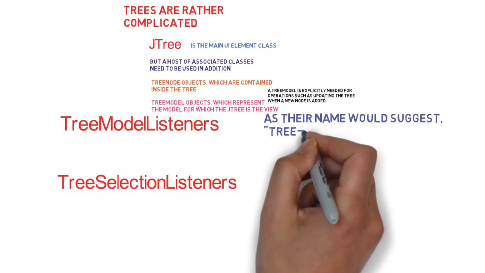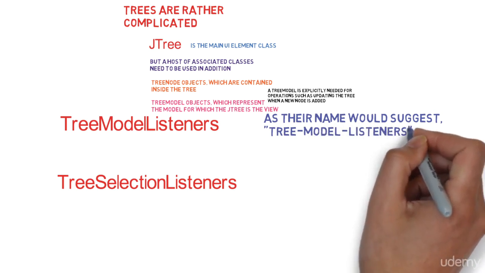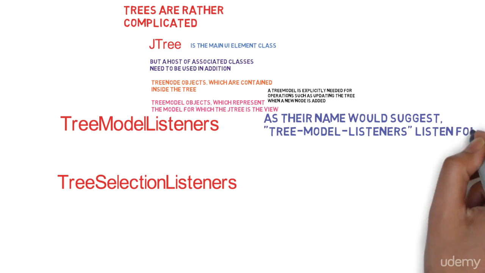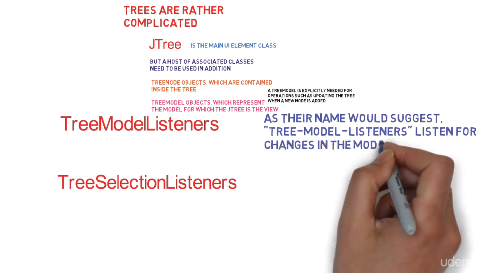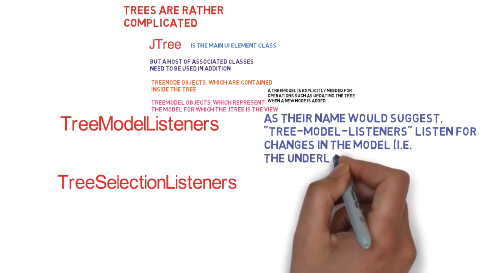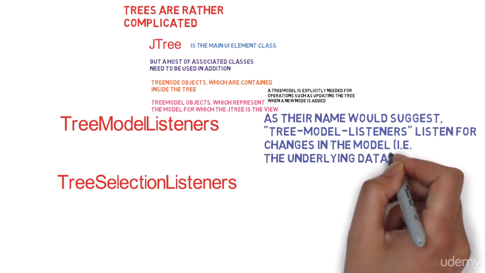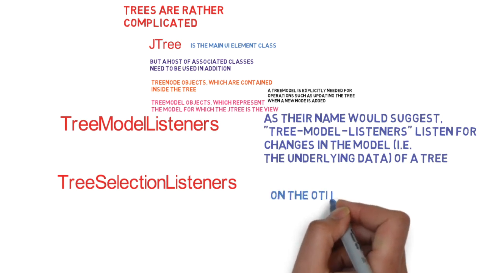What are tree model listeners? Tree model listeners listen for changes in the model, that is the underlying data of a tree. Has a new node been added? Is there extra data? Has data been removed? These are what the tree model listeners will tell us. Listening to the tree model using a tree model listener will give us information about the underlying data.